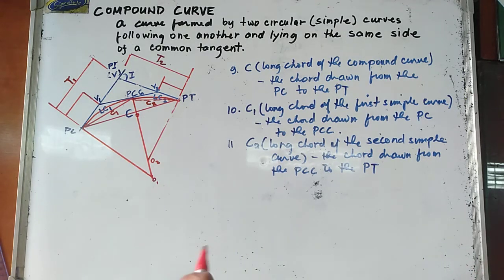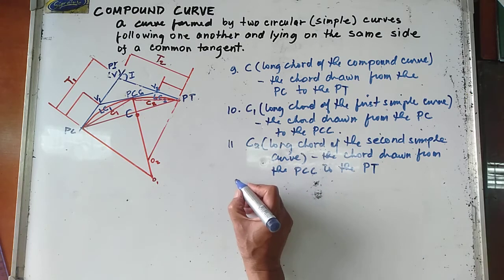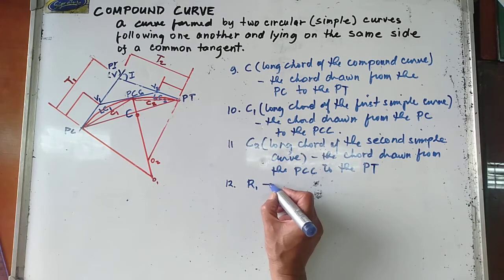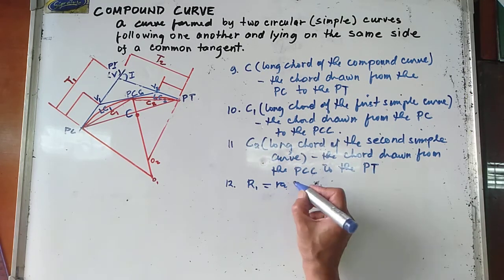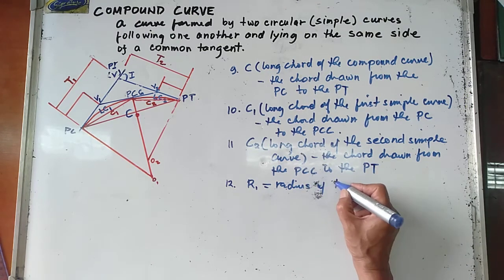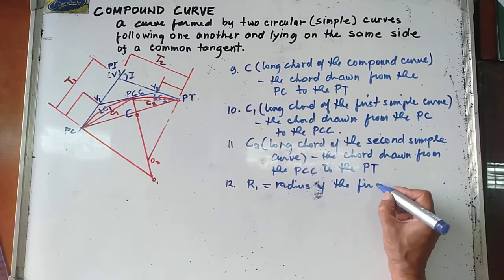Now another element of the compound curve is your R1. R1 is the radius of the first simple curve.